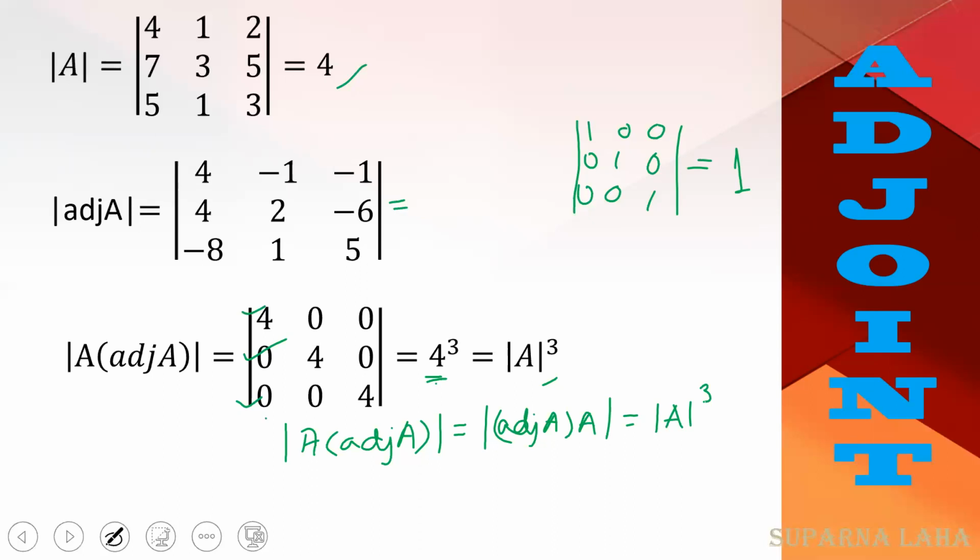Remember this: whenever we use the matrix property, A into adjoint A equals adjoint A into A, that matrix is given by determinant A into identity matrix. But whenever we find the determinant value of this multiplication, the value is given by determinant A cube. So this is the adjoint of a matrix, the determinant value of this matrix and the determinant value of this adjoint matrix.